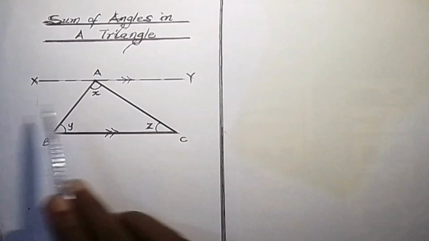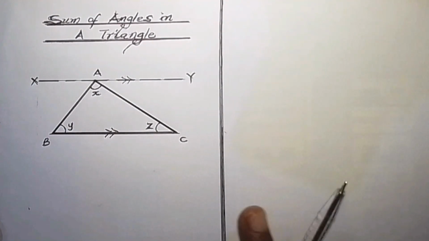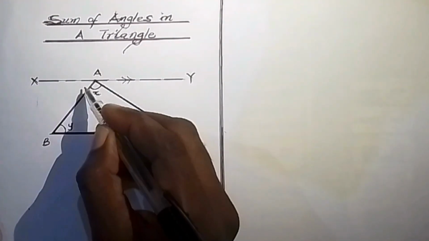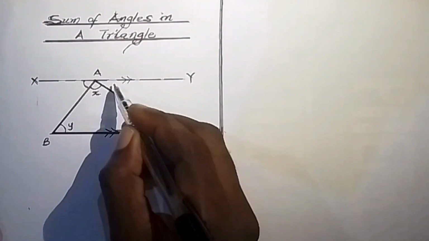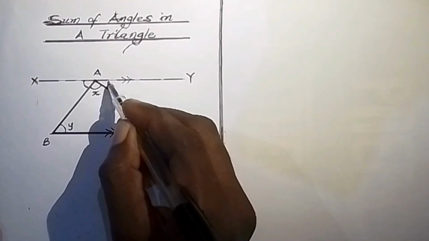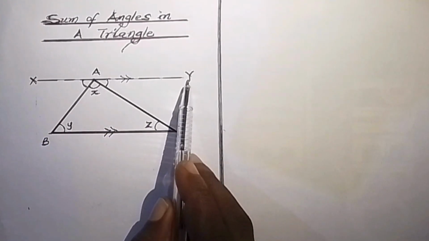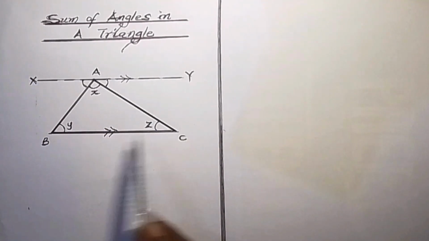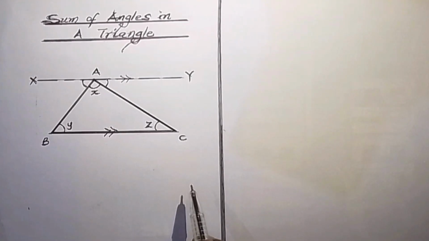Now, the line XY has formed two exterior angles. There's an angle formed outside this triangle at this point, and another angle formed at this point. Since line XY is parallel to line BC, alternate angles are formed.